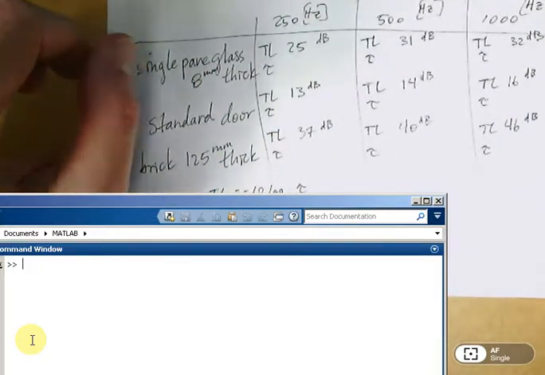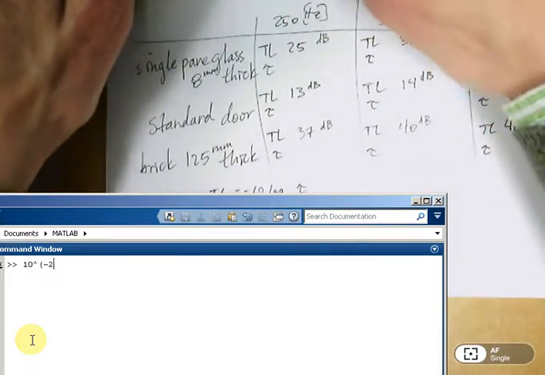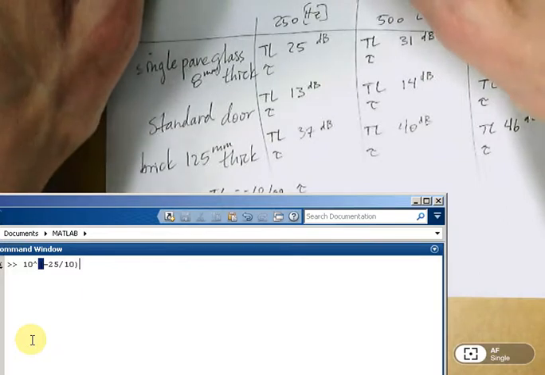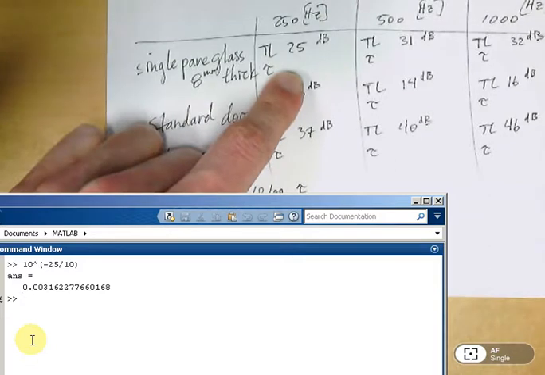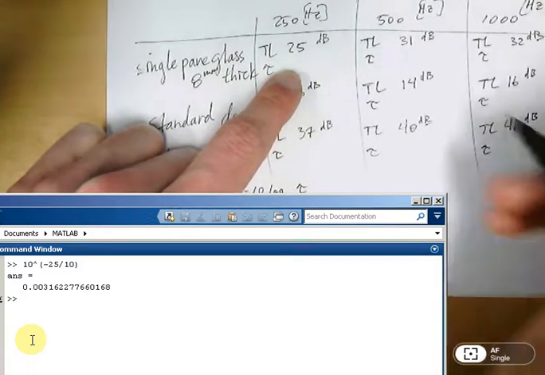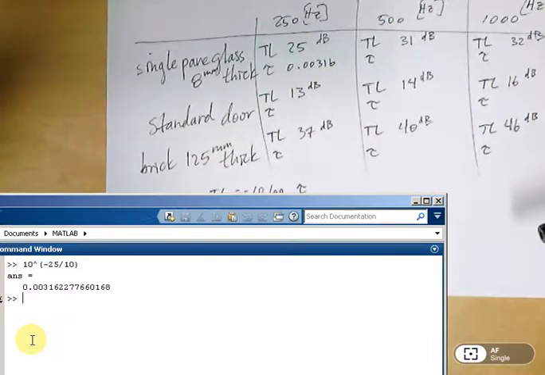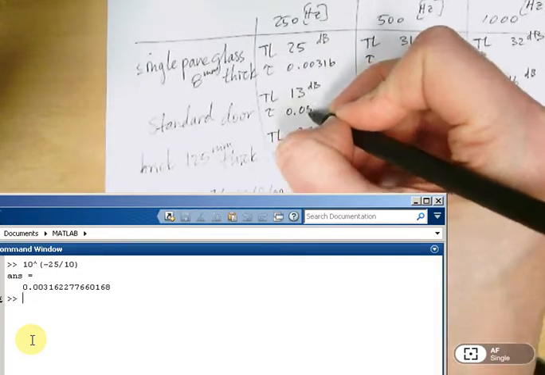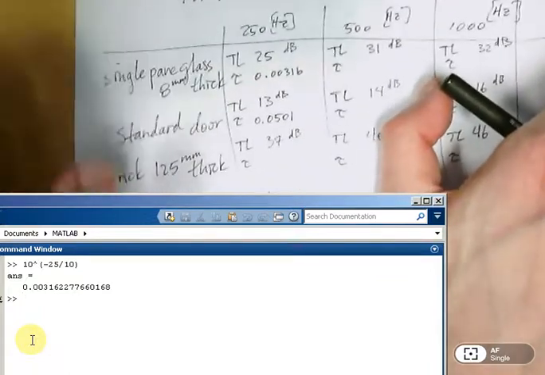So we have 10 to the negative 25 divided by 10. All right, so what we'll put in here for the transmission coefficient will be 0.00316. And let's keep going. And to speed up, I will just write out all of what these are that I have pre-computed for saving time.